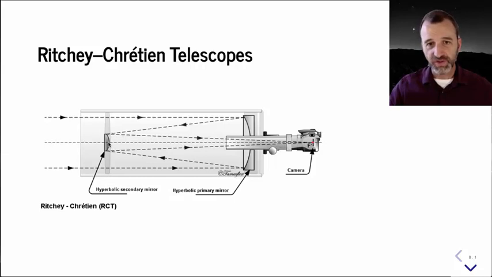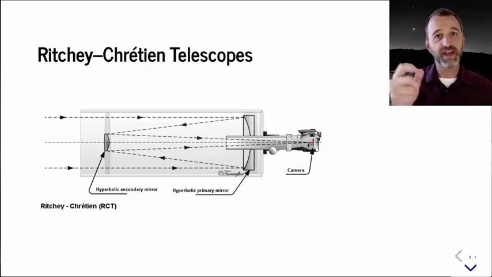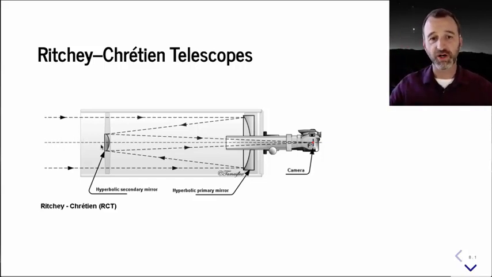So the distance from where the light hits here to where it's focused on the detector is much greater than where this focus would happen. The curvature on your primary is not setting your effective focal length for your telescope. That's the combination of the primary mirror and your secondary mirror for an RC system.